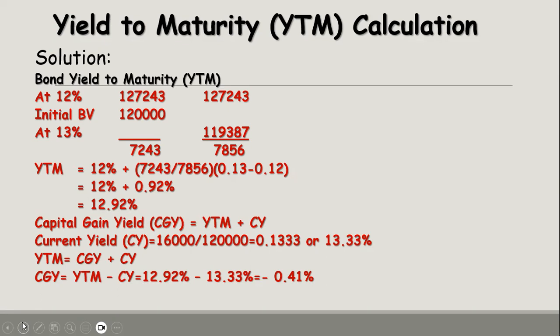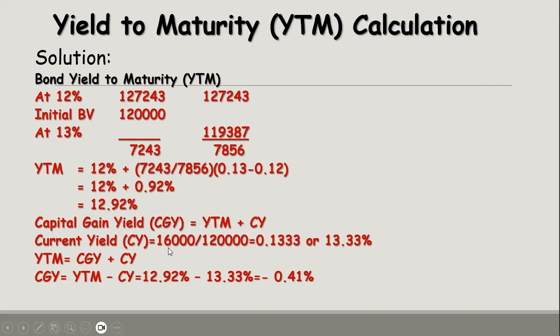When we add 12% plus 0.92%, the yield to maturity comes equal to 12.92%. One thing you should keep in mind: always, the difference of the value with the initial investment becomes the numerator, and the difference between the percentages becomes the denominator.